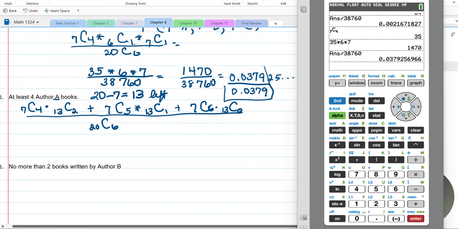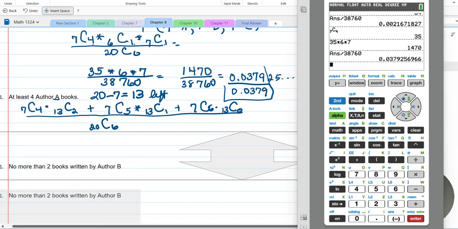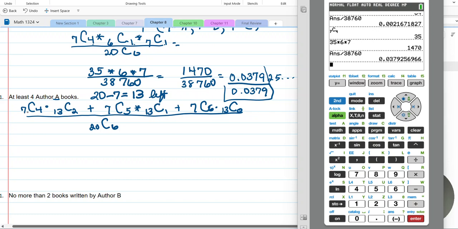Okay, so here we go. Let's do this one. And we want the probability of at least 4. At least 4, or 5, or 6. There you go. There's that. Here we go. Now we're going to do 7, 4.